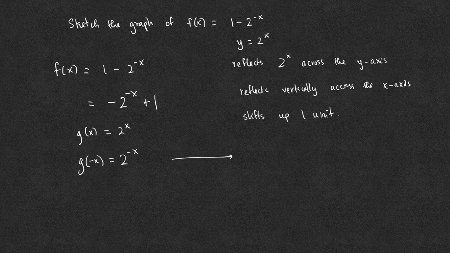And so starting with the graph of y equals 2 to the x, we would reflect it about the y-axis. So this is now y equals 2 to the negative x.